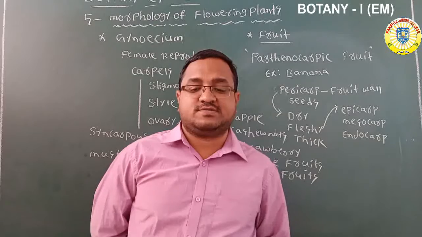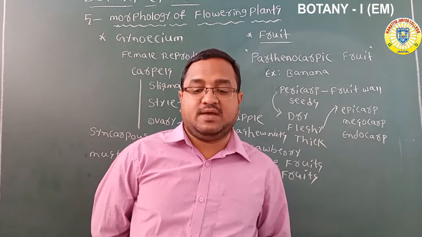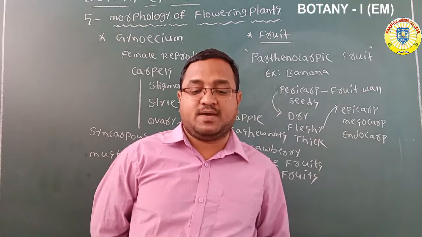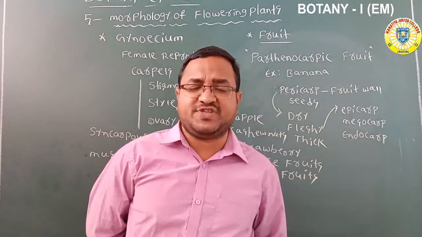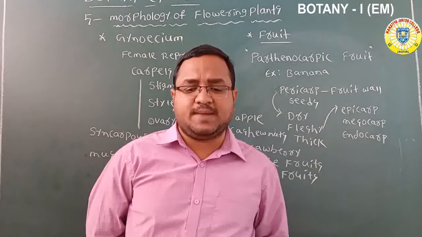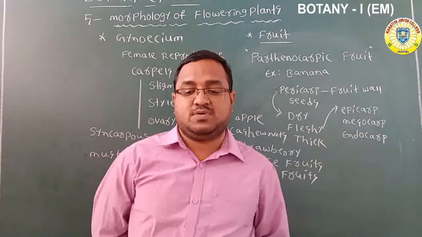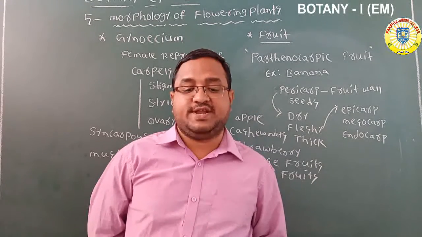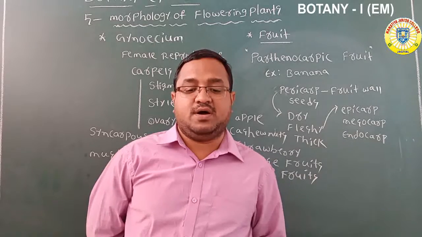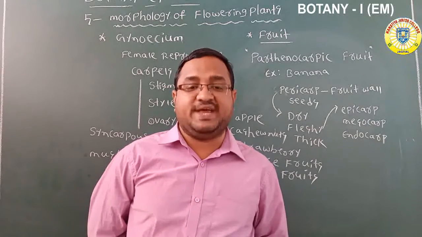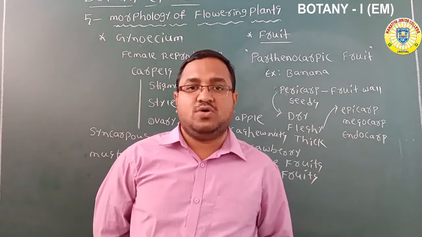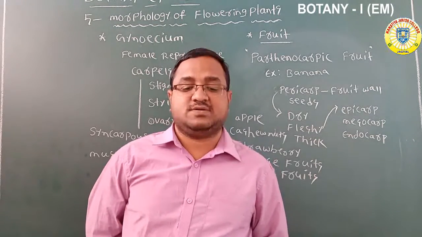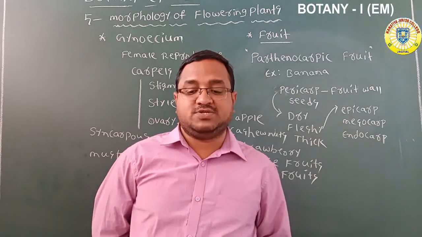The fleshy fruits will have a pericarp having three layers: epicarp, mesocarp, endocarp. In dry fruits the pericarp is dry. There are no layers.